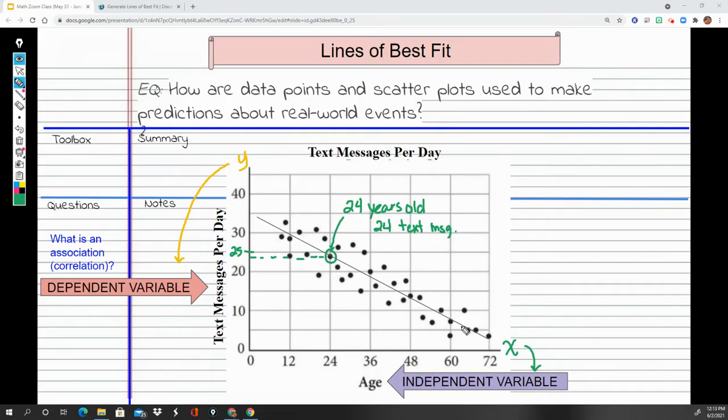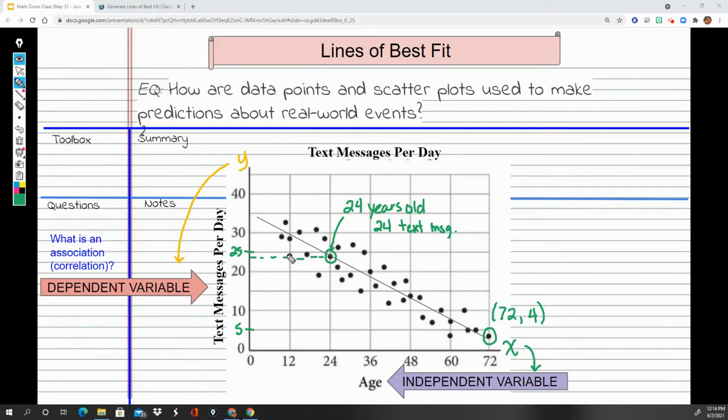How does that compare to our 72-year-old? I'm going to write this in point form. 72 is my x. And if we look back, it looks like maybe four text messages. So a 72-year-old texts 4 times a day on average.